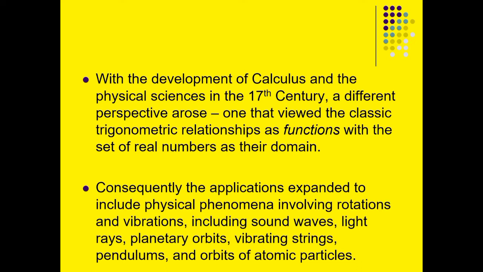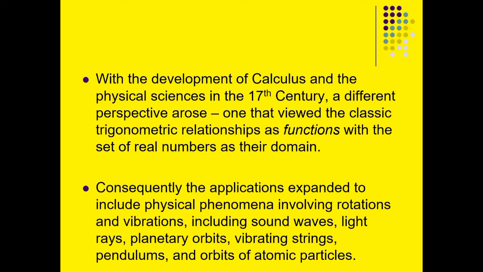Trigonometry is applied to physical phenomena involving rotations and vibrations, including sound waves, light rays, planetary orbits, vibrating springs, pendulums, and orbits of atomic particles. So this is how we deal with trigonometry.